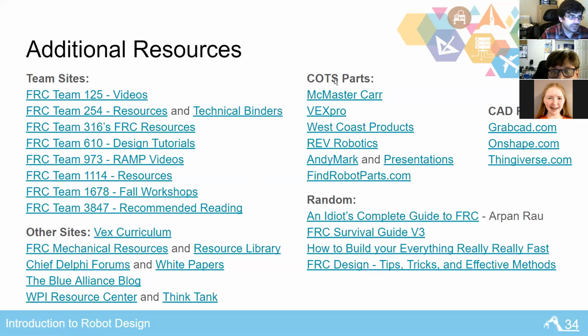COTS stands for commercial off the shelf. That just means our vendor purchase parts. These are people we purchase from. We very rarely purchase from companies other than these. And this find robot parts is pretty helpful.